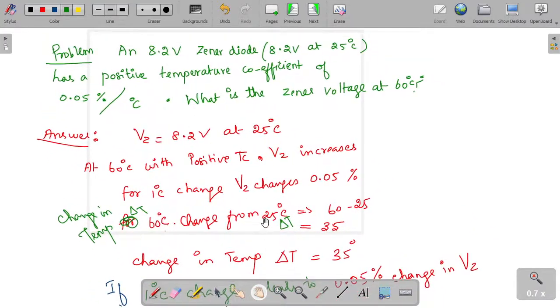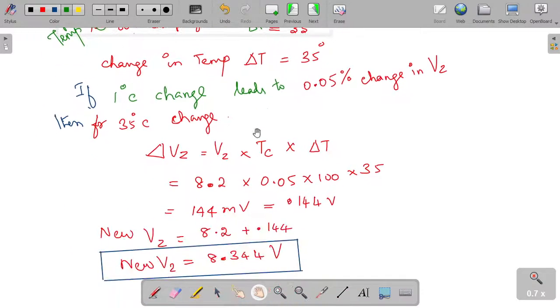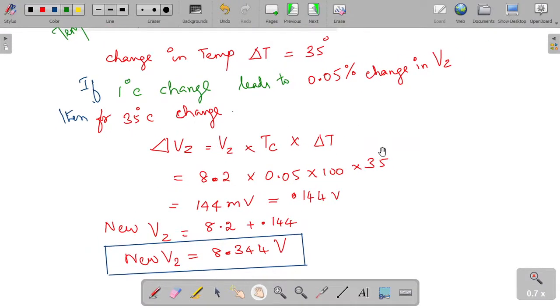That is multiplied by the temperature coefficient, given as 0.05 percent, so divided by 100, and then del T we found out is 35 degrees Celsius, so 35. In total we have 144 millivolt, that is equal to 0.144 volts.